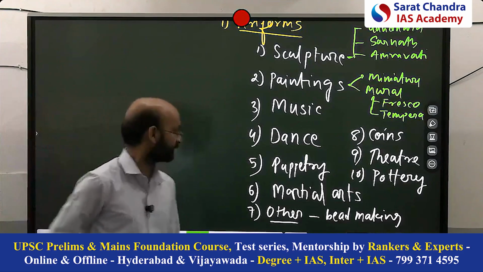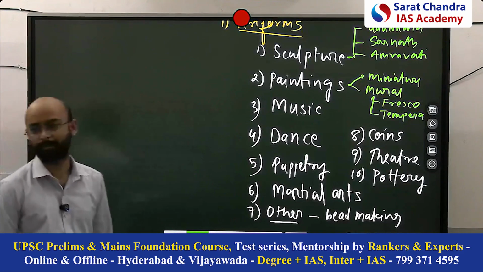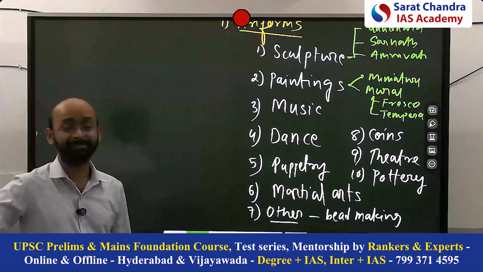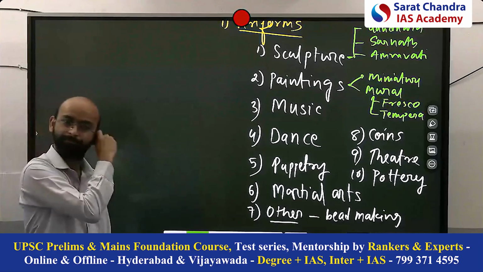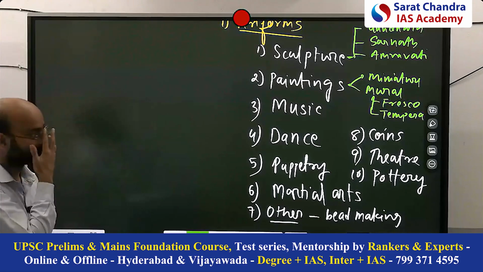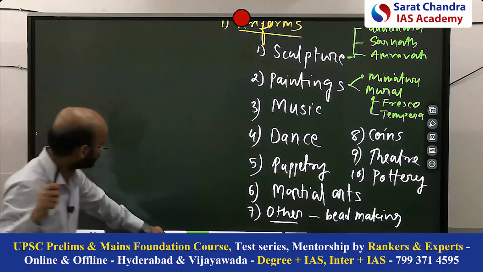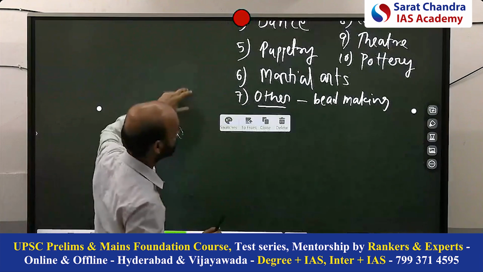So 10 is enough. So many points you can bring here. And some extra, some unique feature will be there somewhere. But these are the most common. Okay, so this is the first, the art forms.